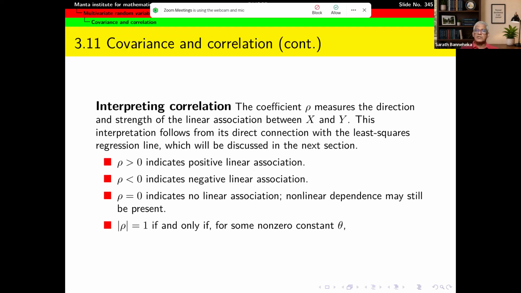Rho is a measure of the direction and the strength of a linear association between X and Y. If rho is positive, that indicates a positive linear association. If rho is negative, that indicates a negative linear association between the two random variables. Rho equal to 0 indicates no linear association.